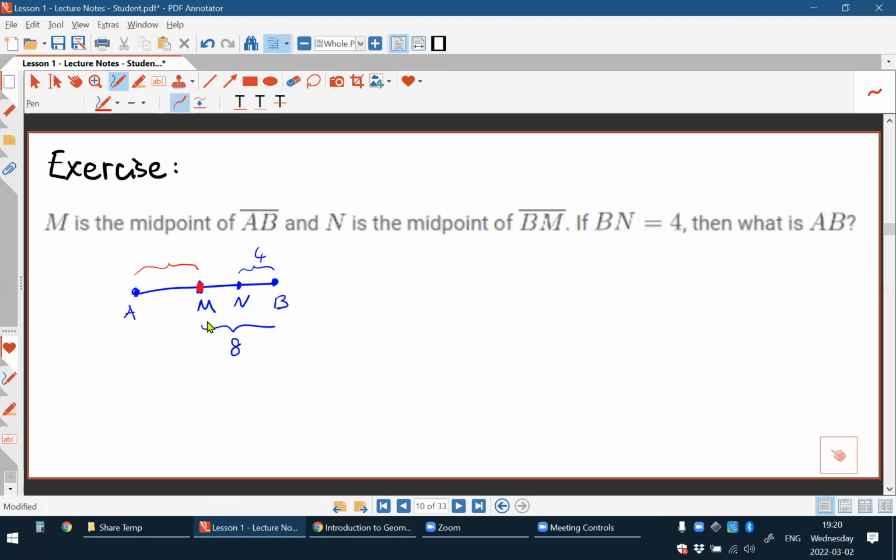AM should equal MB, which is also 8, right? Can you follow me? Yes. Okay, so what is AB? AB is AM plus MB, which is 8 plus 8, which is 16, right?